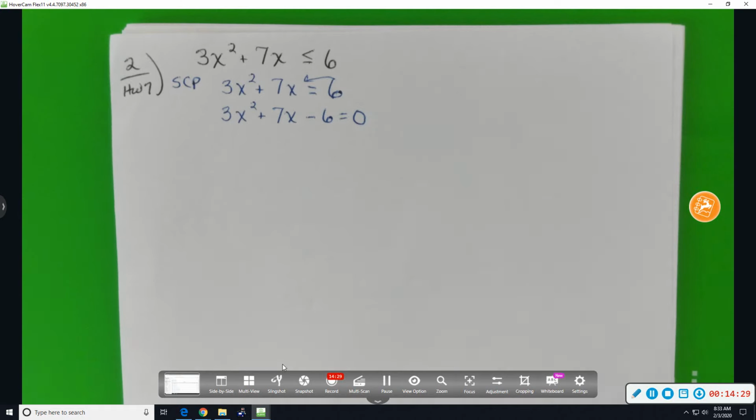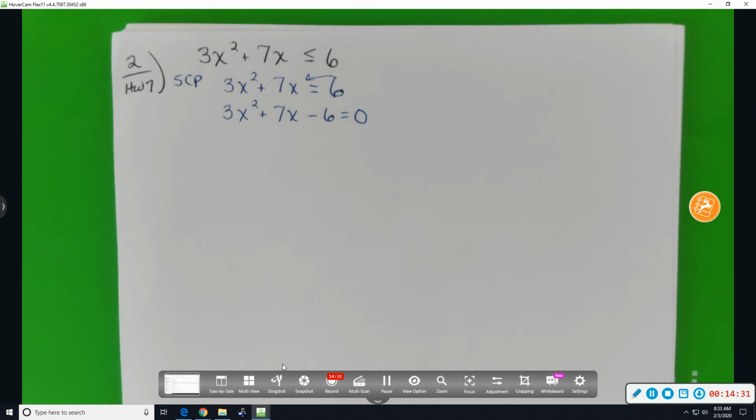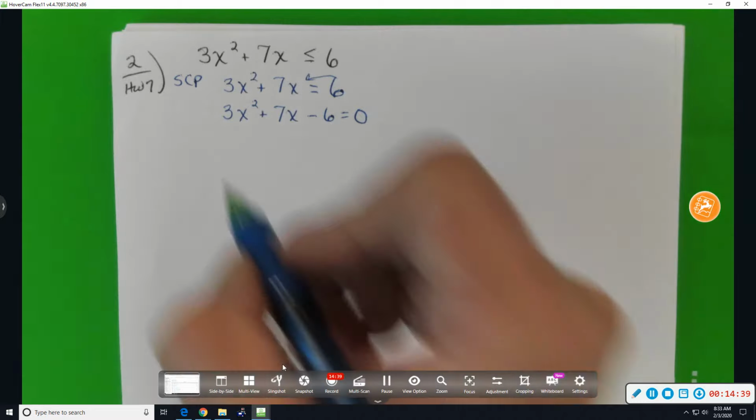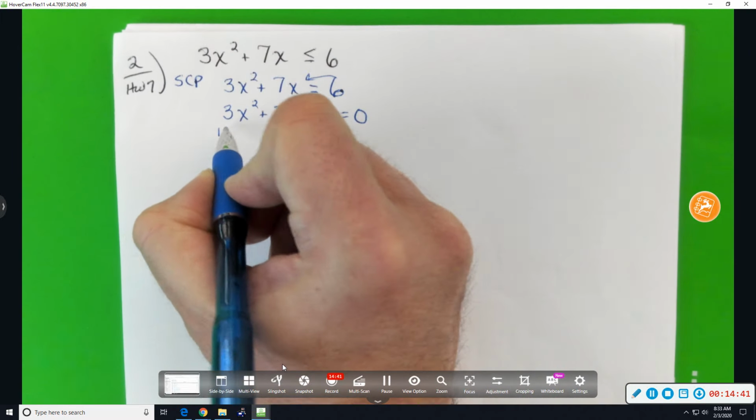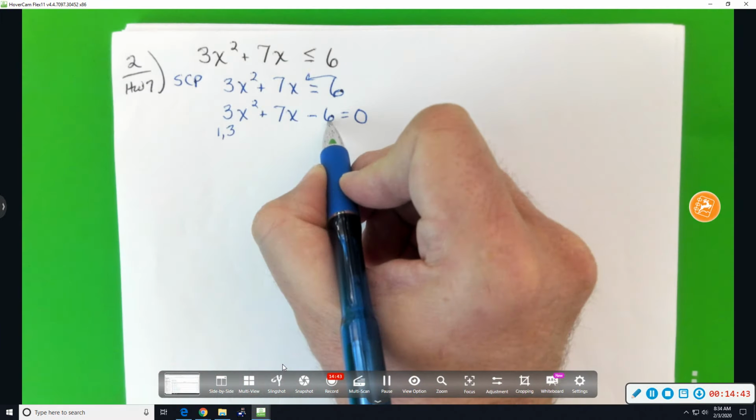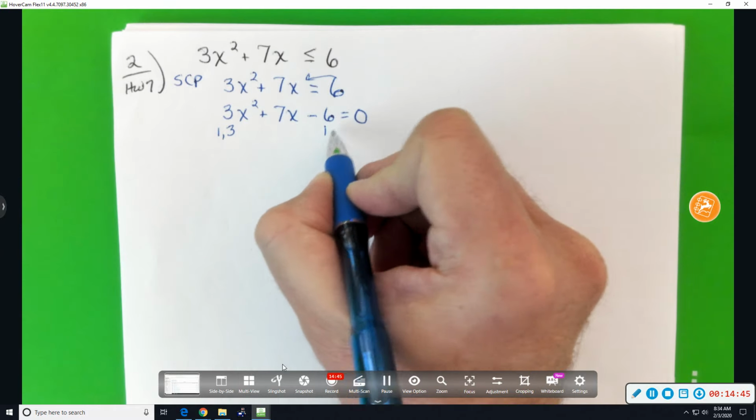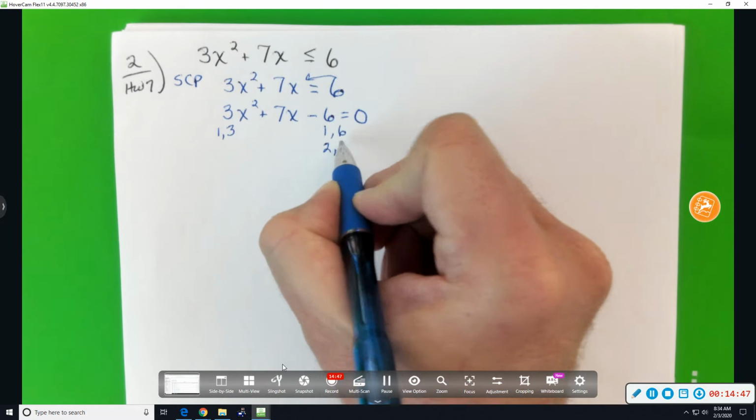It's not one of those that's real easy to solve because there's a number in front of the x squared. That 3 is there. So let's see. Numbers that multiply together to give 3: that's 1 and 3. Numbers that multiply together to give 6: 1 times 6 or 2 times 3.